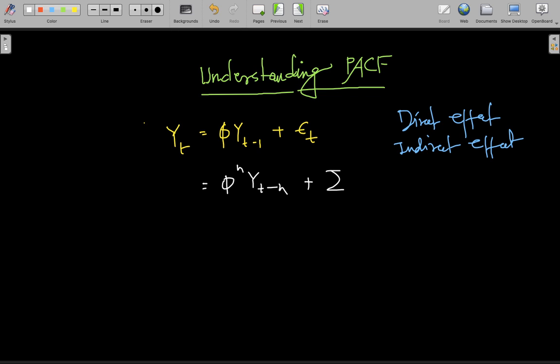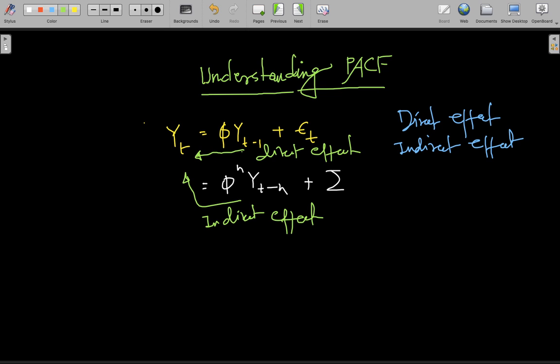So the first case is called the direct effect. And the second case is called indirect effect.